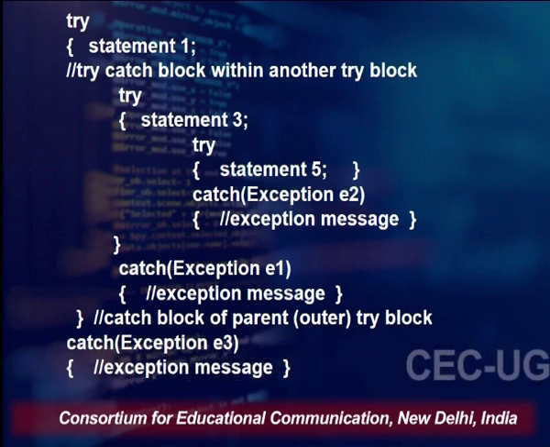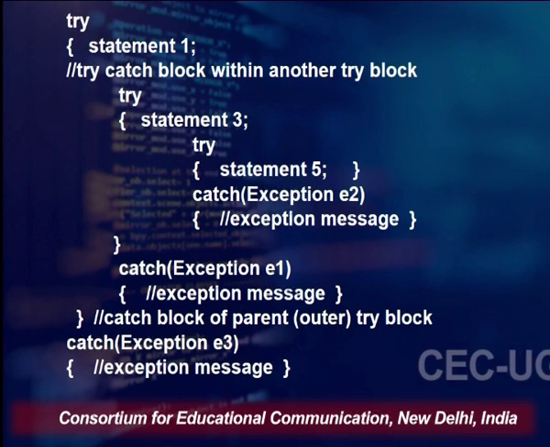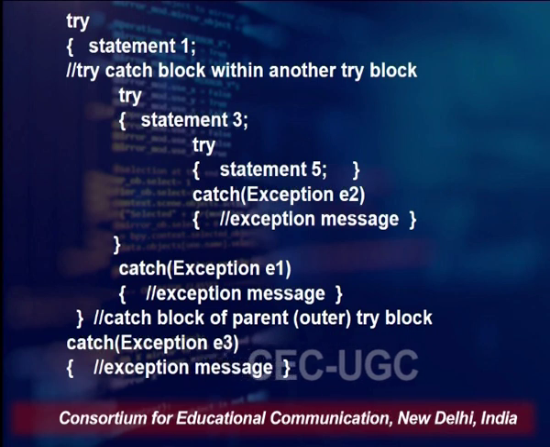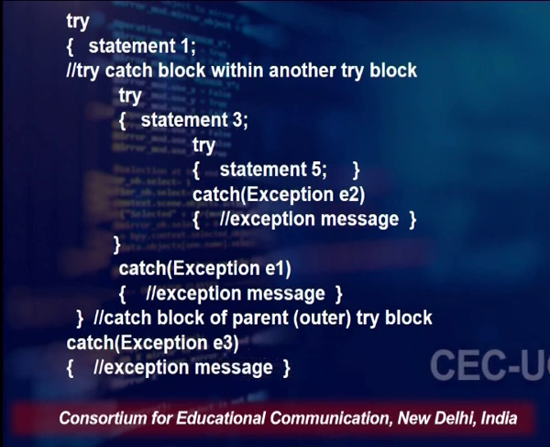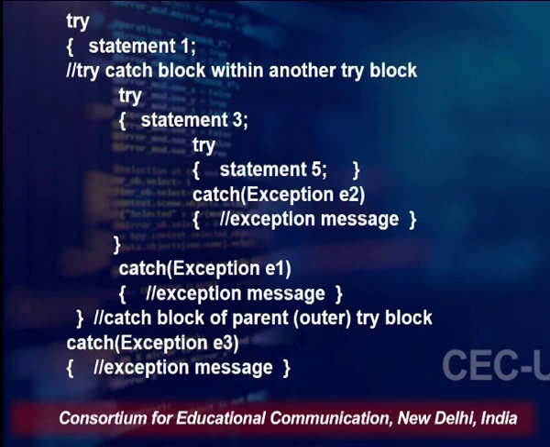The second level try is bound with the catch having the exception object E1, and the outermost try block is bound with the catch block which we have written in our comments, catch block of the parent or outermost try block, where we have the third catch.